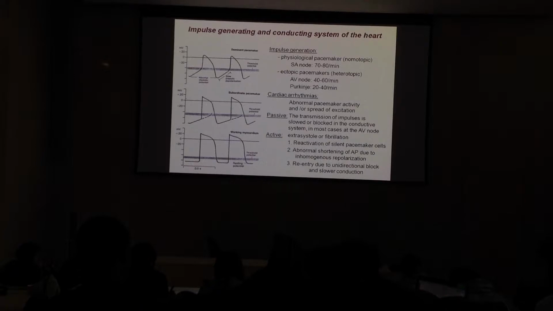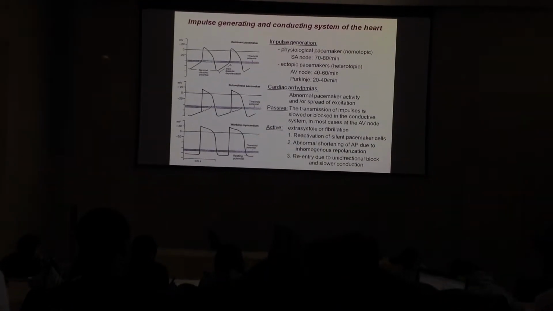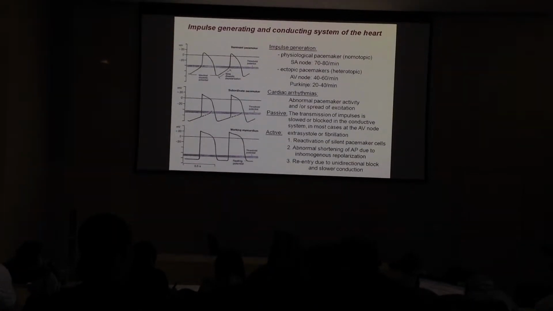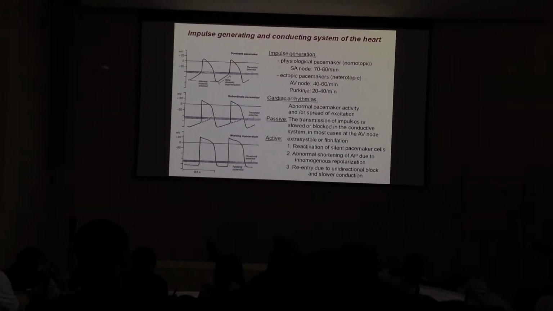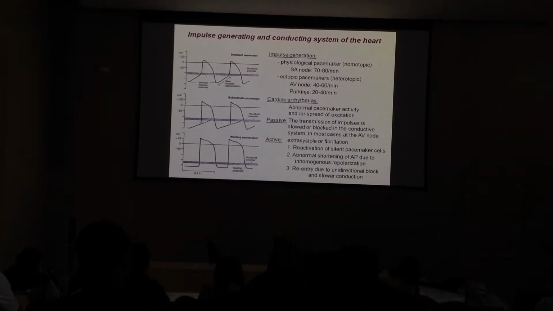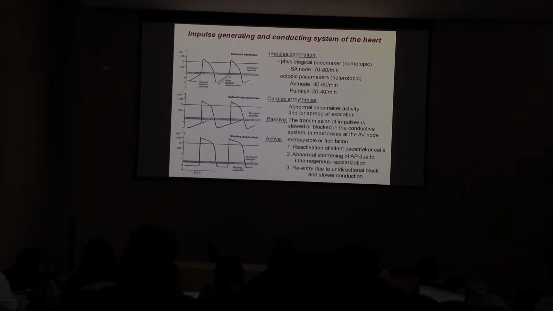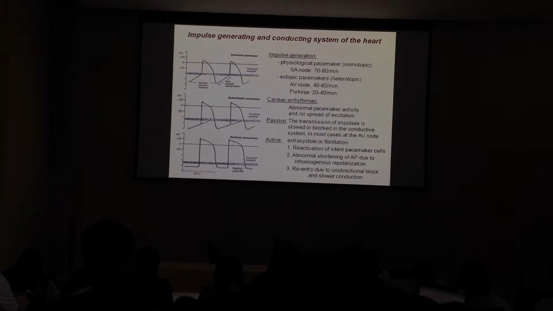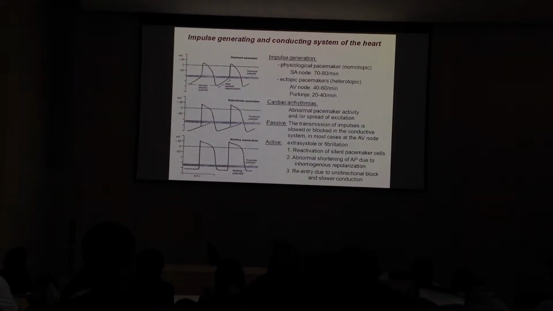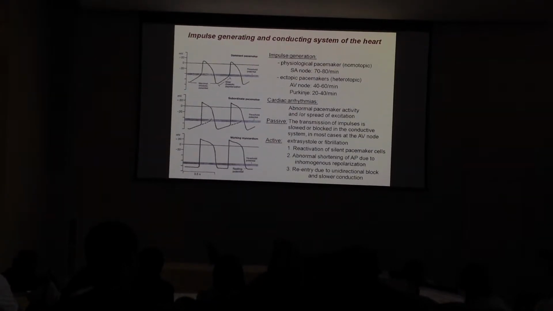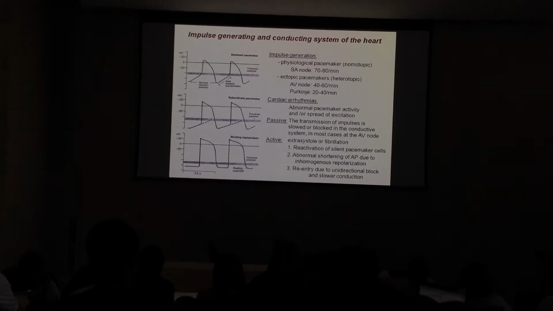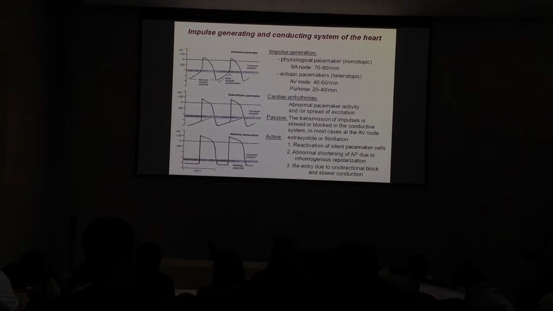Now, summarizing, different cells are able to generate action potentials, but the normal activity of the heart requires that only one place generates the action potentials, because cells which generate the pacemaker at abnormal time and abnormal places will result in cardiac arrhythmias, extrasystoles or fibrillation.